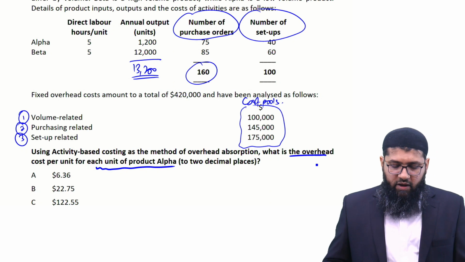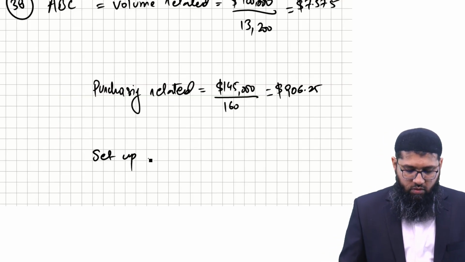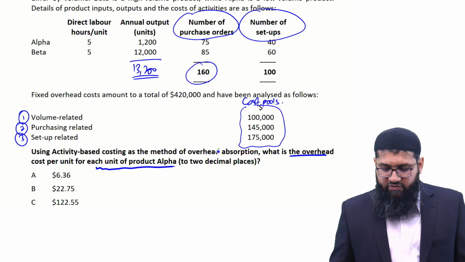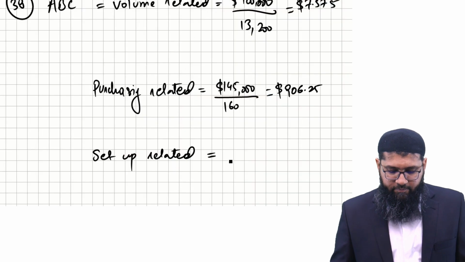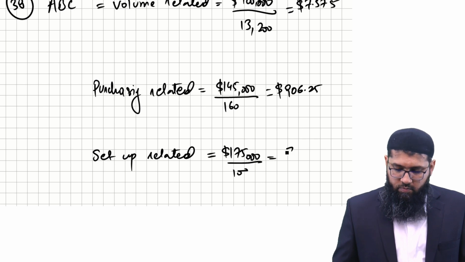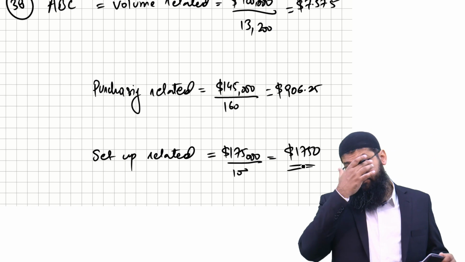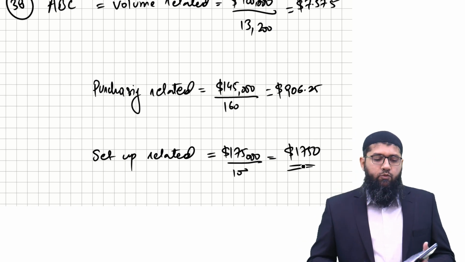Then the third one of them is going to be setup related, which is 100 setups. $1,750 per setup.